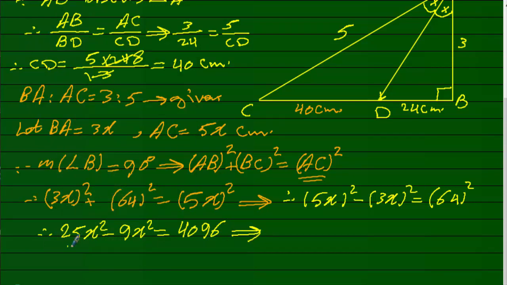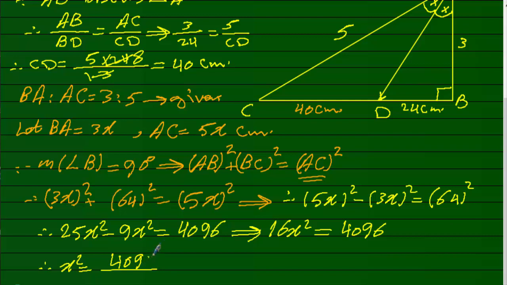And then we subtract 25x squared minus 9x squared, it is 16x squared equals 4096, and x squared equals 4096 divided by 16.